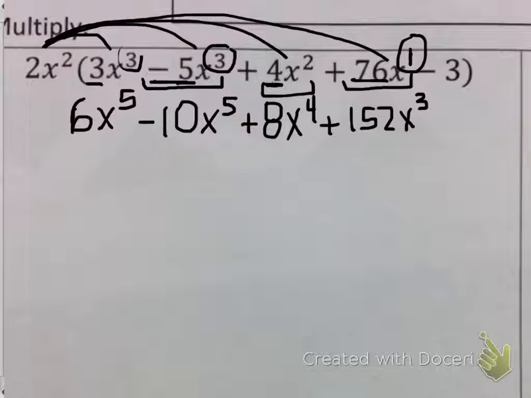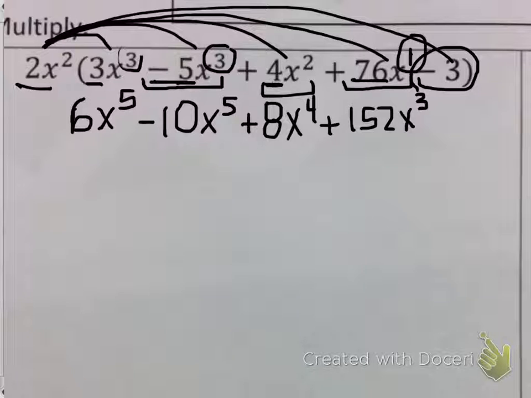Now we are going to do it with our last term, which is this negative 3. You got to keep the negative on him. And so we're going to take our front terms, which is this 2 and our negative 3, and multiply them together and get a negative 6.